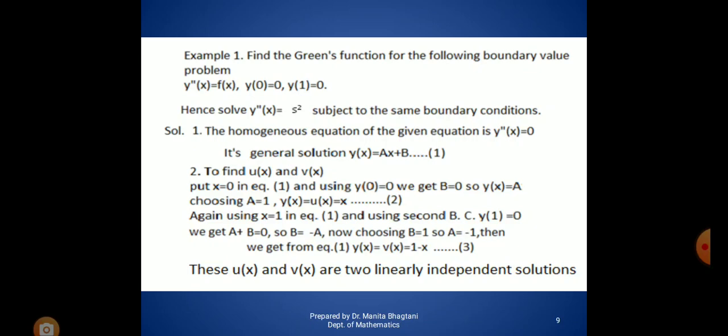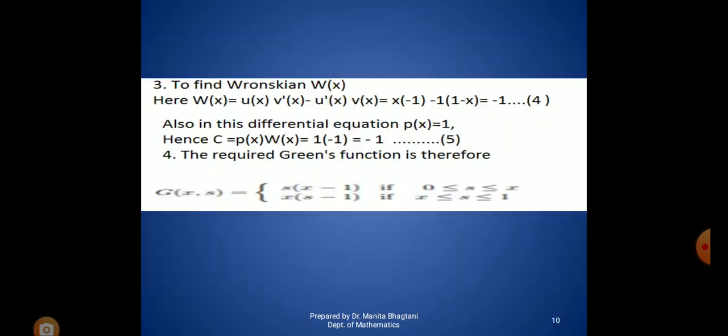Again using the second boundary condition, that is y(1) equals 0, in equation 1 we get a plus b equals 0, means b equals minus a. Now choosing b equals 1, a will become minus 1. Putting the values of a and b in equation 1, we get y(x) equals v(x) equals 1 minus x. So we have constructed 2 linearly independent solutions, u(x) and v(x).